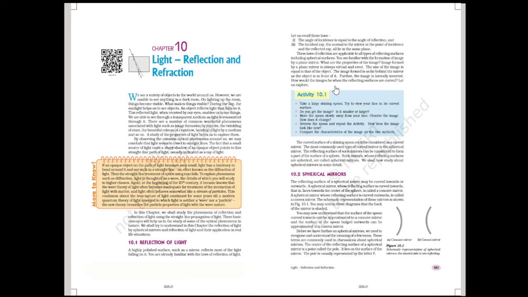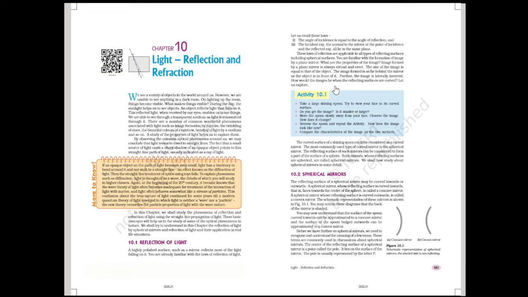The size of the image is equal to that of the object, and the image formed by a plane mirror is as far behind the mirror as the object is in front of it. But further, the image is laterally inverted.